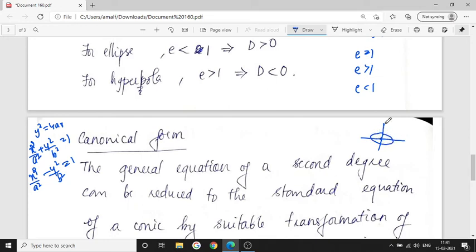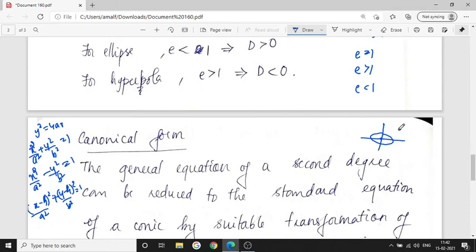Okay. Now you will get different conics. We also saw shifted conics. So if you have x minus h whole square by a square plus y minus k whole square by b square equal to 1, this is a conic which is shifted.